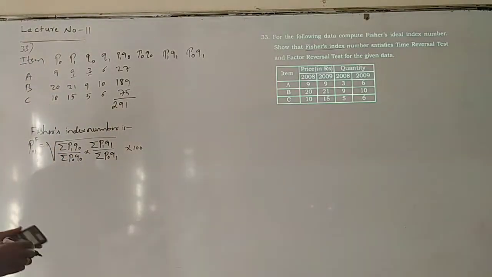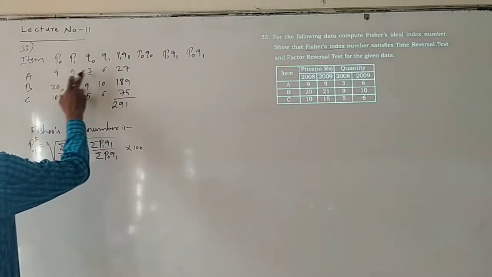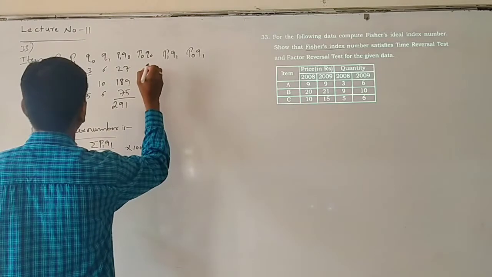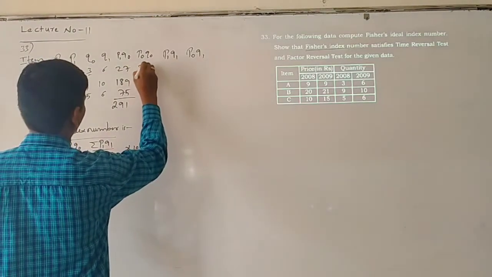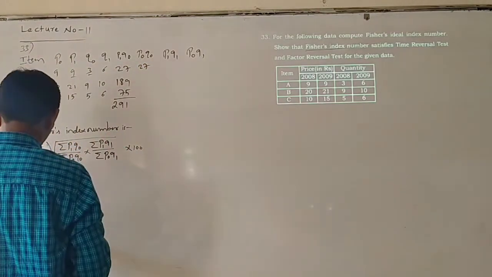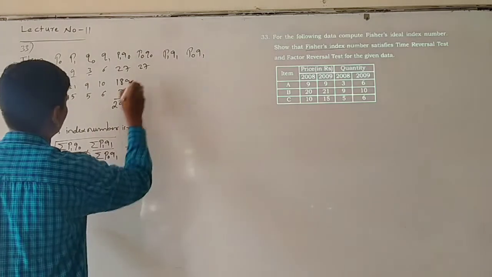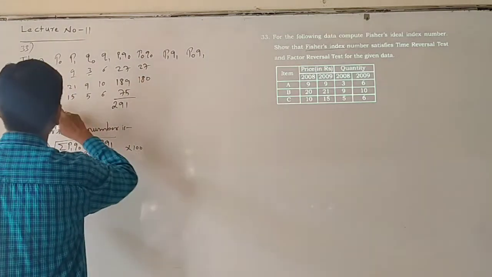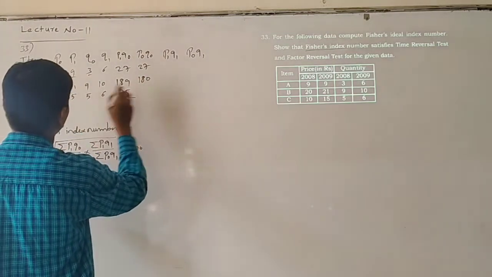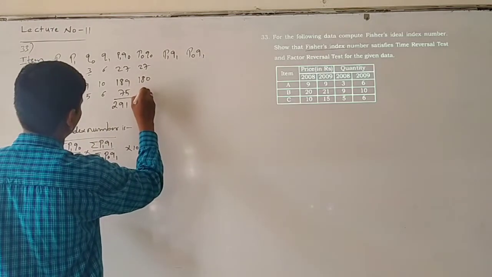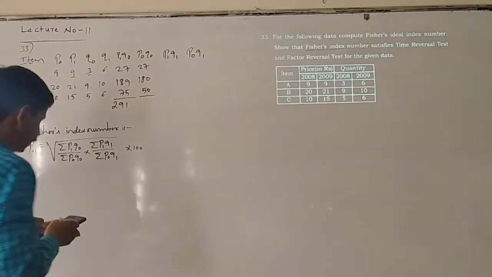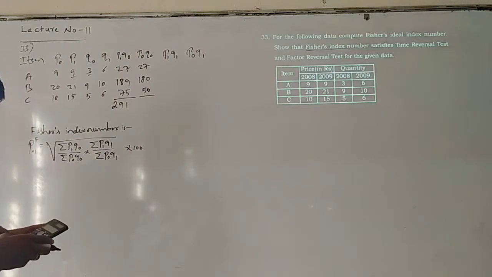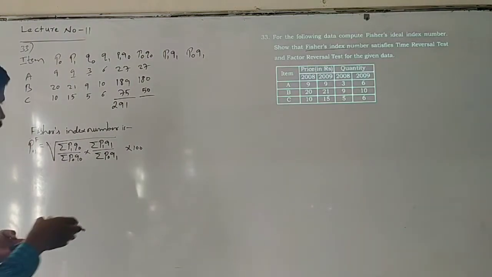The next, you have to find P0 into Q0. 9 times 3 is 27, 20 into 9 is 180, 10 times 5 is 50. Sum of P0 Q0 is 27 plus 180 plus 50, which is 257.